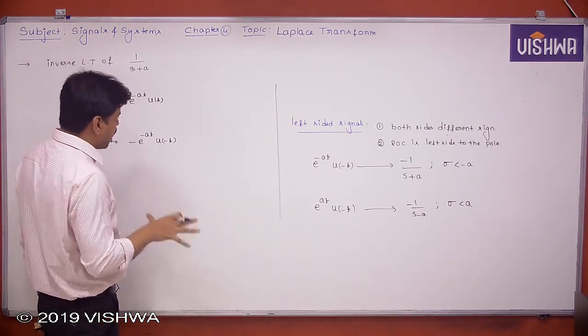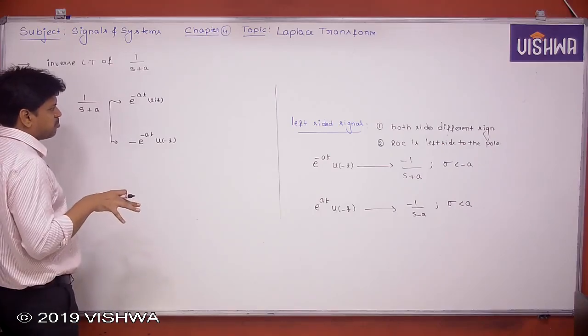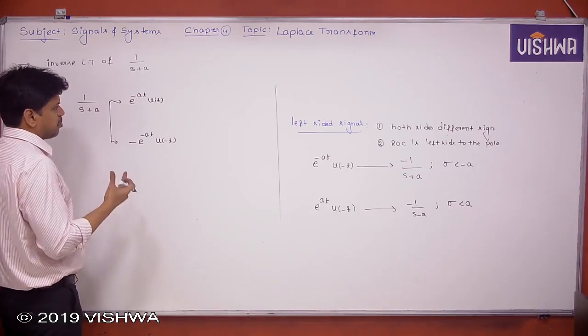If the ROC is not mentioned, we cannot say this is the inverse Laplace transform. If ROC is mentioned, then only we can say this is the inverse Laplace transform.